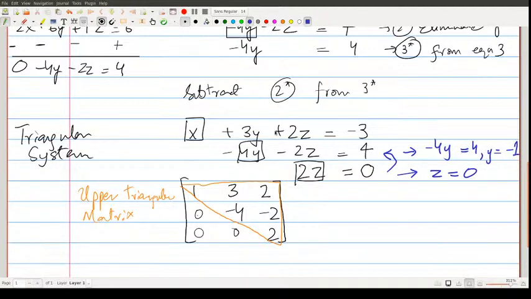And finally, y is minus 1, so x minus 3 plus 2, I don't need anything over here because z is 0, so 2 times 0 is 0, so this gets eliminated, is equal to minus 3, and now this goes to the other side, I get x is equal to 0. And so my solution x, y, z to this problem is simply 0, minus 1, 0.